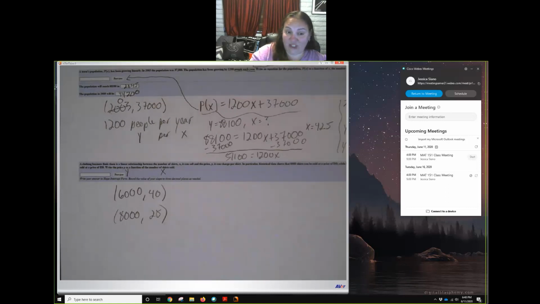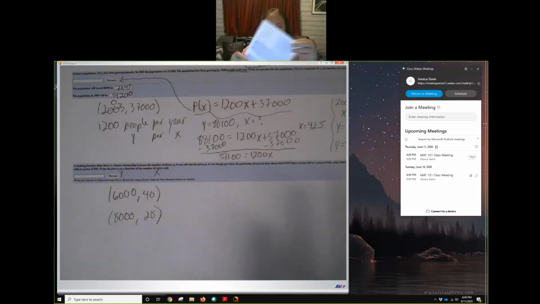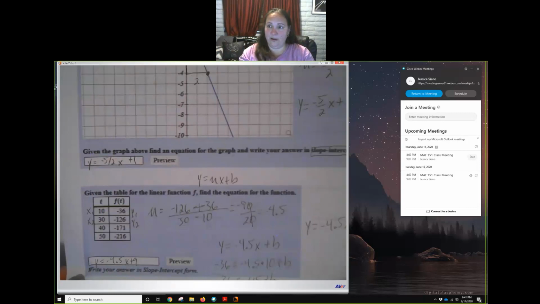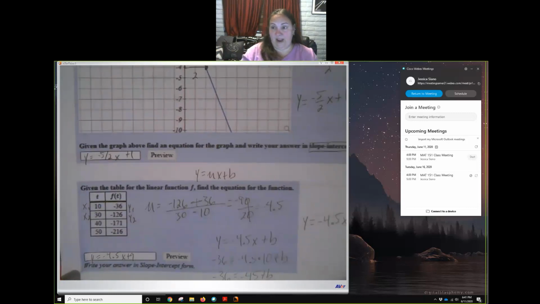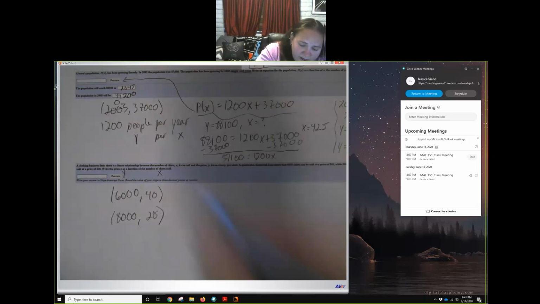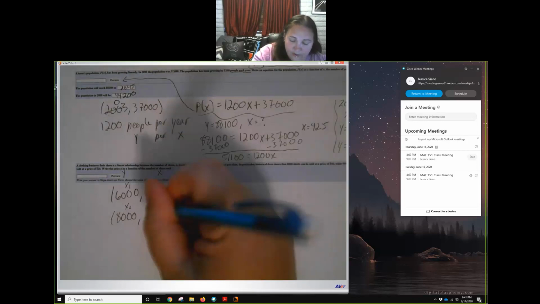So I have 2 points. I need to find the equation of a line. I'm going to do the exact same thing I did before. I did this exact same thing with this table, remember? And I'm going to find the equation of the line. So this is x1, y1, x2, y2.